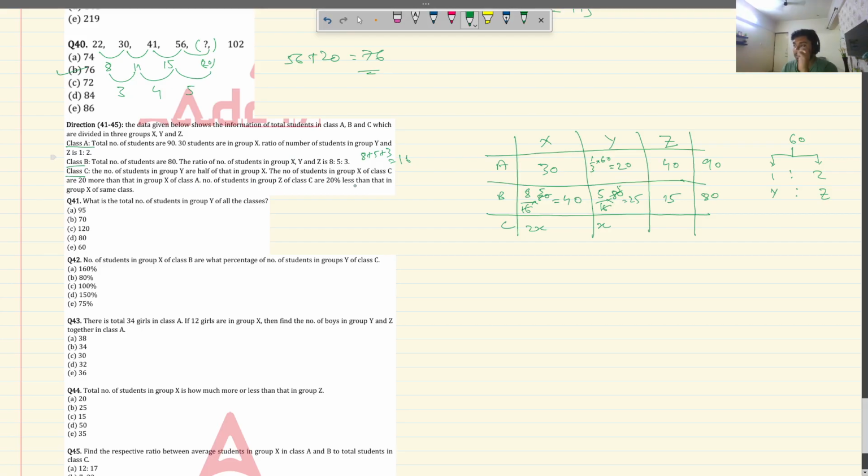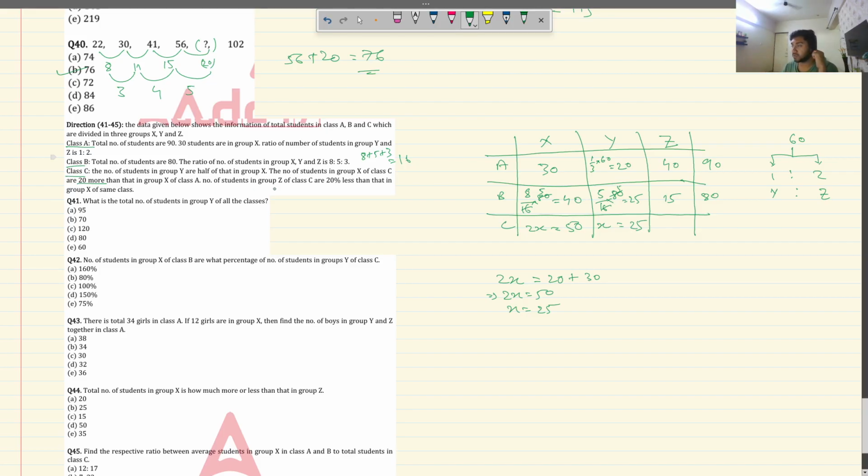The number of students of group X in class C, that is 2x, are 20 more than in group X of class A. Group X of class A, that is 30, which implies 2x equals 50, x equals 25. Okay.